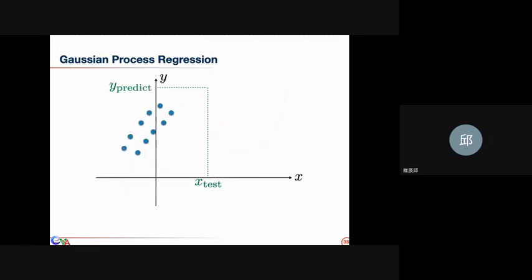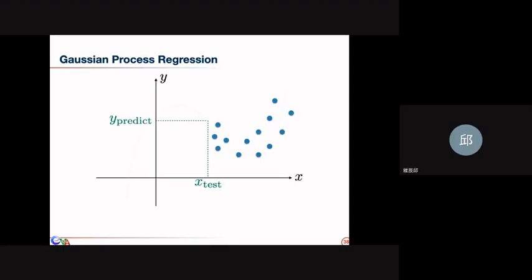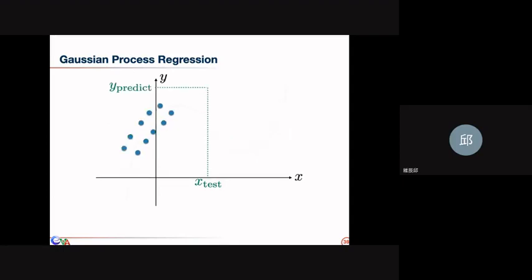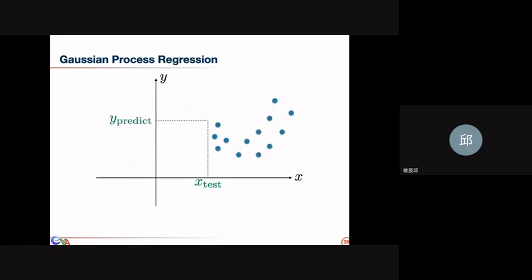But if I give you another group of training data points, then given the x test at the same position, you will have a totally different y prediction. For our human intuition, if you have this group of data points, then given the x test, I will predict y will be here.